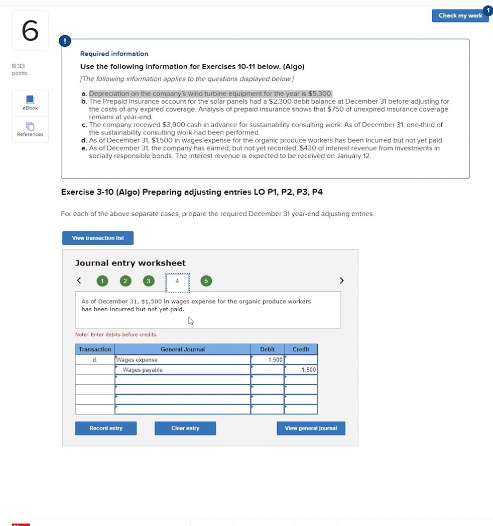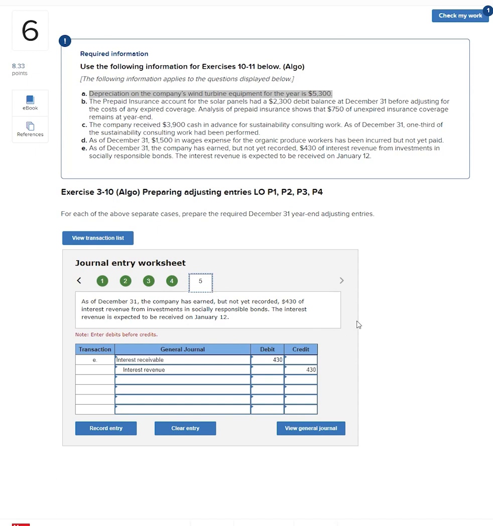In this case we will use wages expense and wages payable, and the order will be wages expense first, and wages payable second. And we just need to fill these blanks with the amount that we need to pay later, $1,500. And that's all. There is no formula here. It's just what we need to pay. Okay, so this is for these cases.